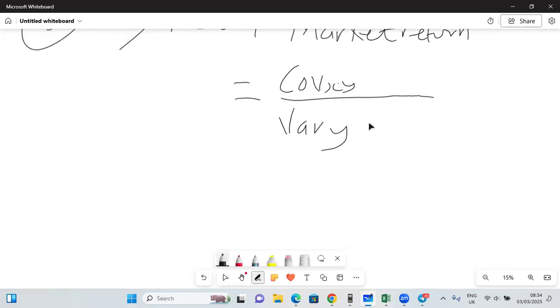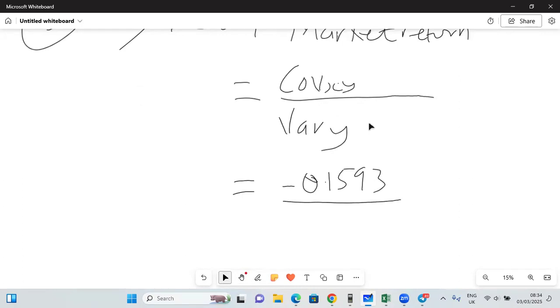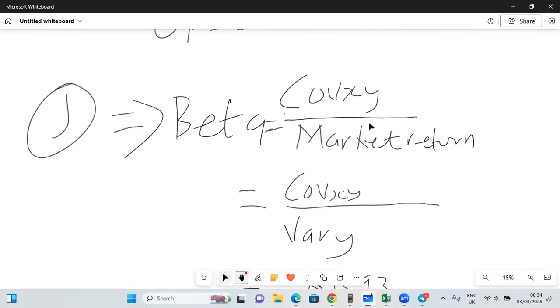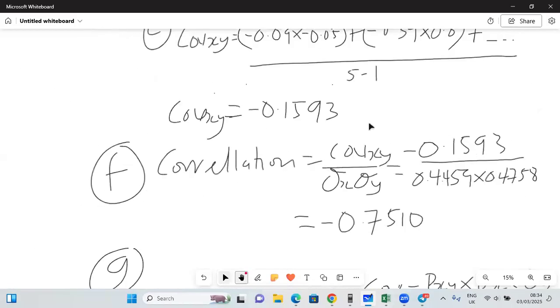Now, covariance, as we solved up there, is negative 0.1593, right? All divided by the variance of asset Y. You can check if you've written it in your book.